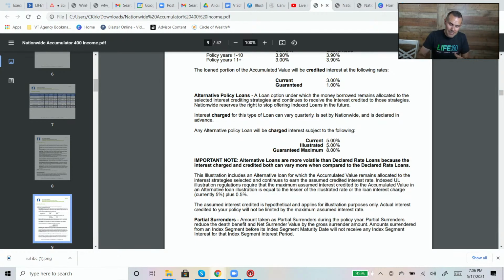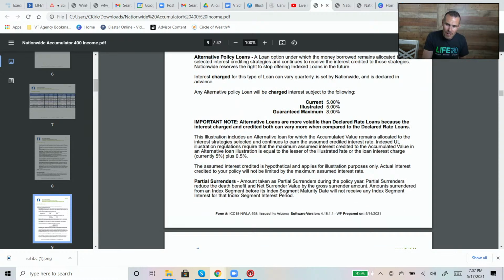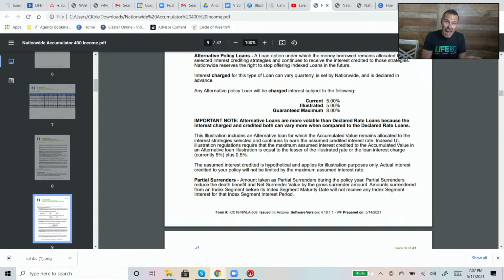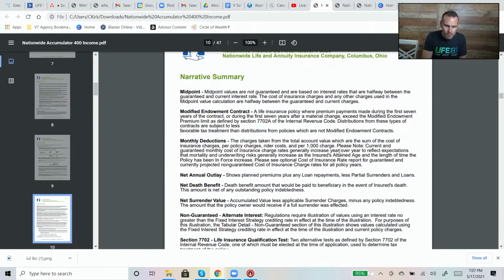When you're looking to use these things for income, that's a huge deal, because if you're paying a 5% loan rate versus an 8% loan rate in 20 years, that's a huge deal. Think about what that does to the potential growth of your policy. It just crushes the policy, because internal fees, when you jack that, remember, 5% to 8%, that's a 60% increase in loan fees, right? So if you increase the loan fees by 60%, it's going to just decimate the potential growth value of the policy.